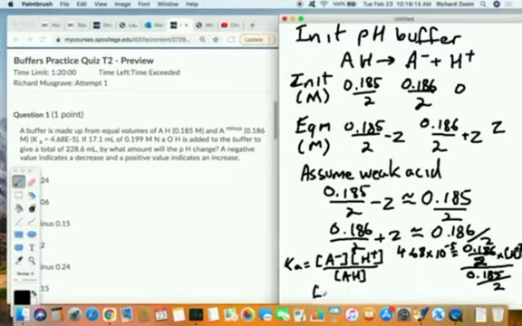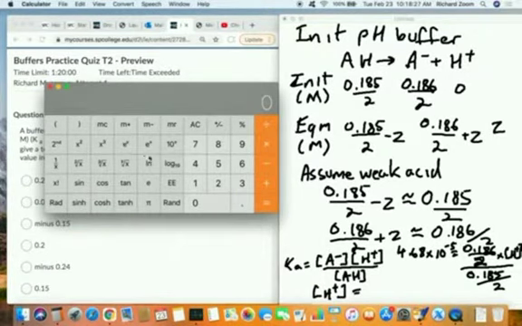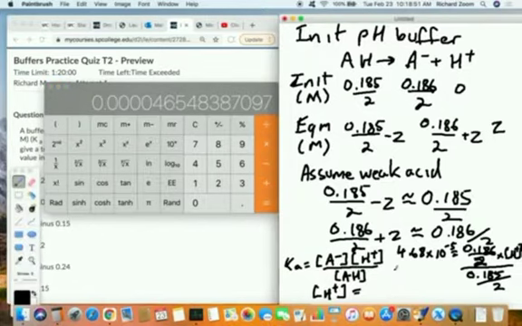Then we can solve for the concentration of H plus, and when I'm doing that, I'm just going to ignore the over 2's because those cancel out effectively. We're going to have 4.68 times 10 to the negative 5 times 0.185 divided by 0.186, and that's going to be 4.65 times 10 to the negative 5 for the concentration of H plus.